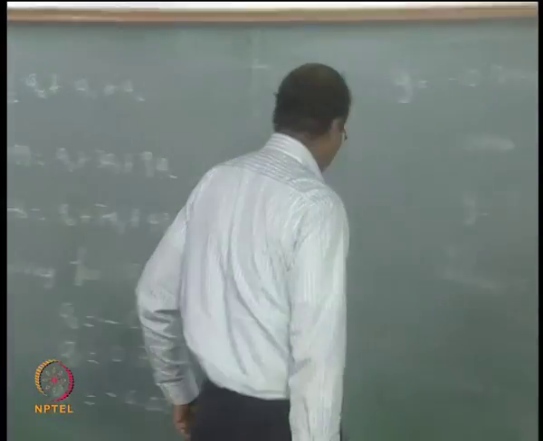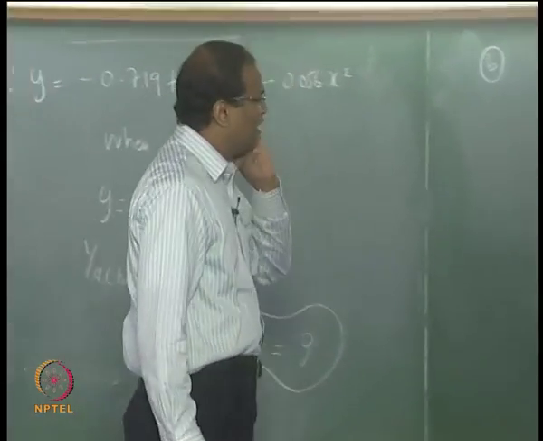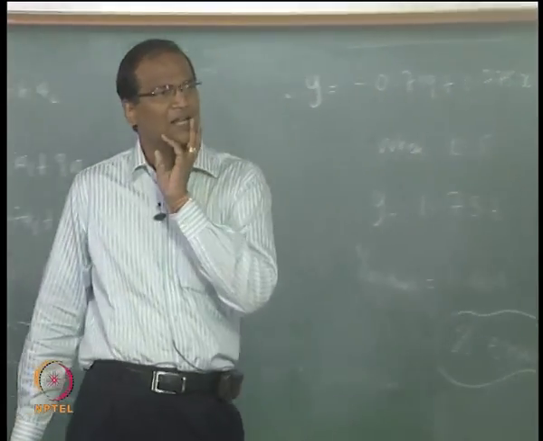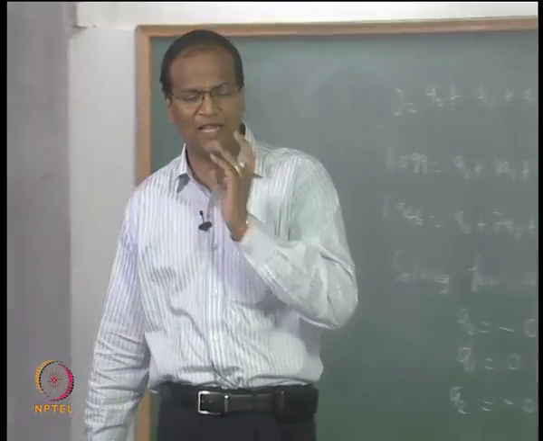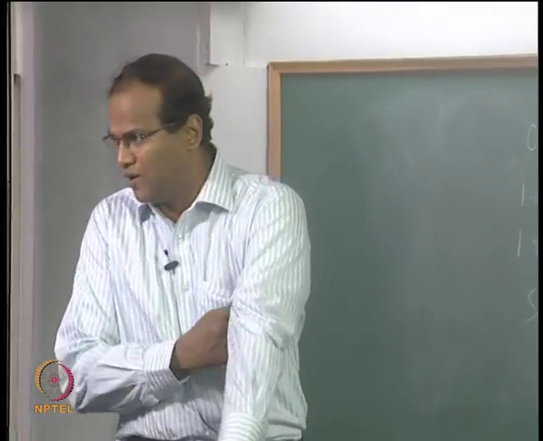So what is this Lagrange interpolating formula? Given x0, x1, x2 they can be unequally spaced, there is no need that they have to be equally spaced, and corresponding values of the dependent variable are y0, y1 and y2.